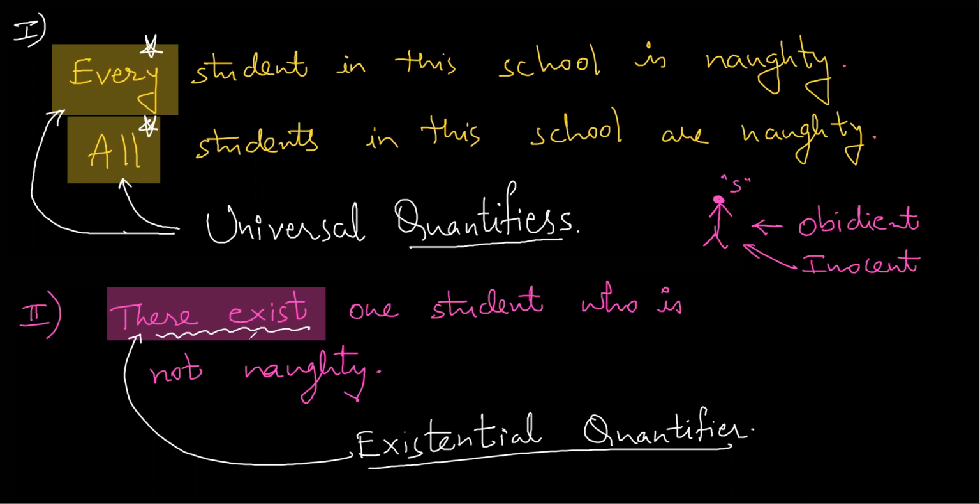So you said here there exists one student who is not naughty. Two types of quantifiers we just saw: all and every, which are universal quantifiers, and there exist, which is the existential quantifier.